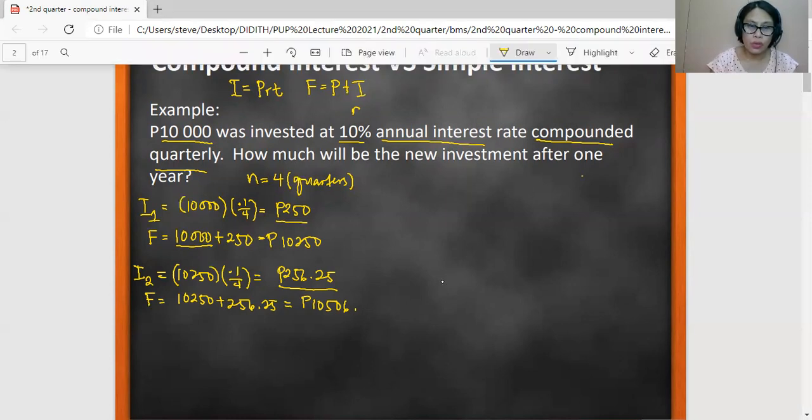And we're going to use this final amount in calculating the interest on the third quarter.